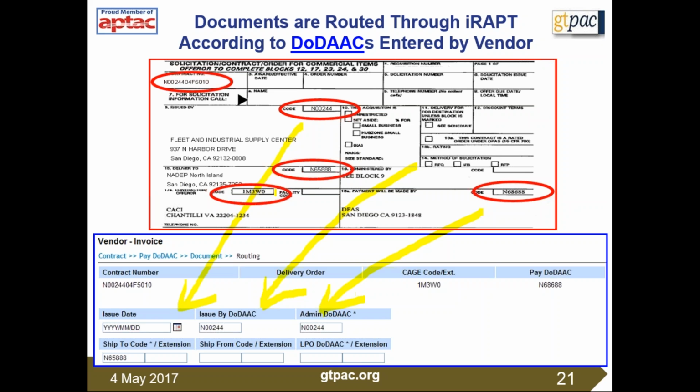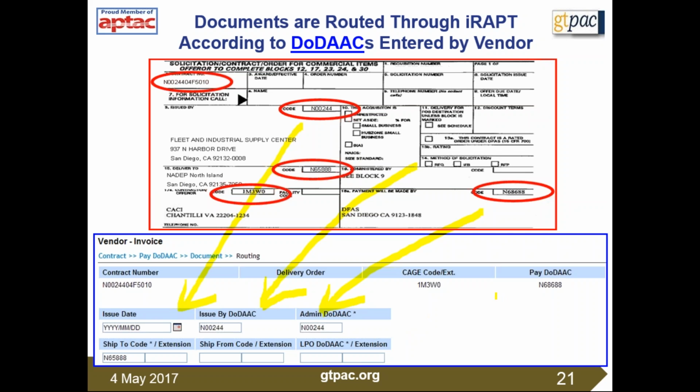So here's my suggestion. Collect all these paper documents that you may have, and when the vendor is actually creating the invoice, make sure that you read carefully and you put in the issued by DODAC, admin DODAC, all those things.